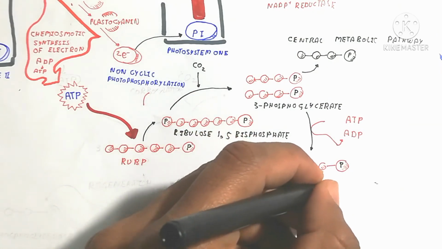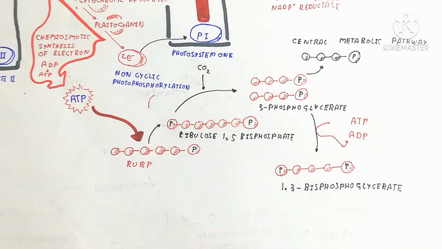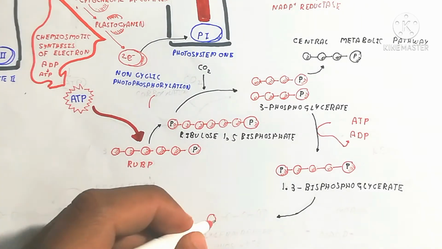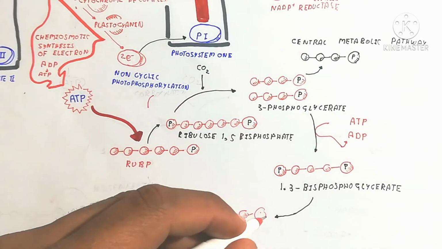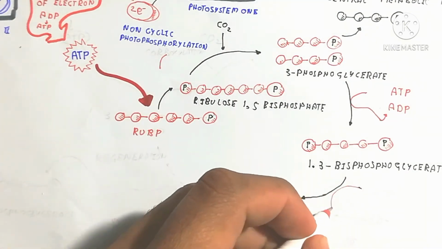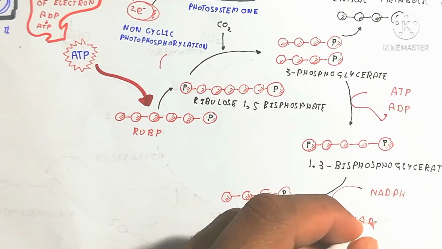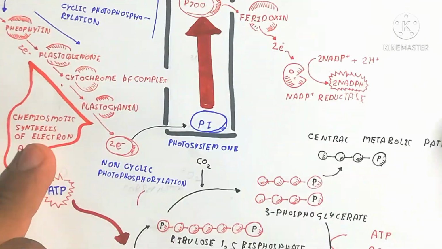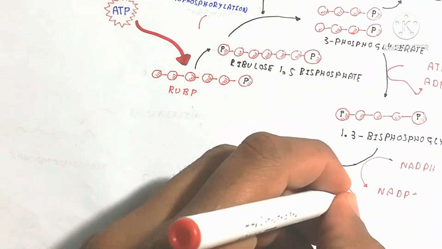And 3-phosphoglycerate uses ATP, producing ADP, to make 1,3-bisphosphoglycerate. It has 2 phosphate groups, and NADPH is used on this 2-phosphate group containing 3-carbon compound.